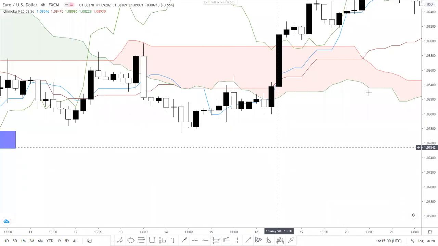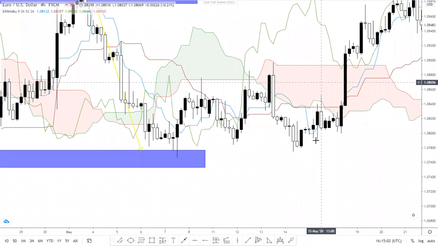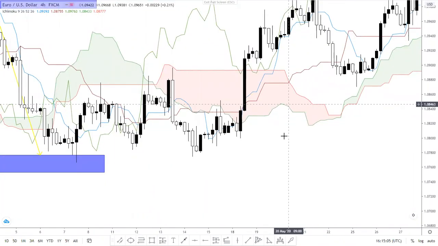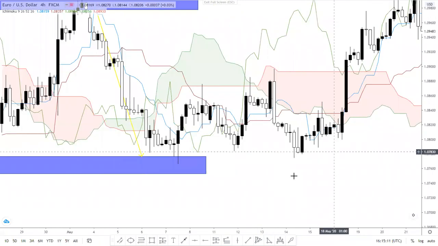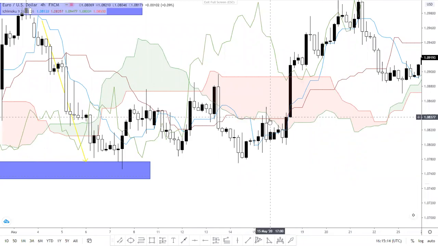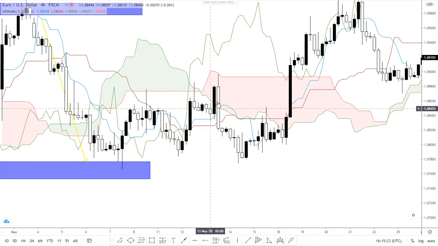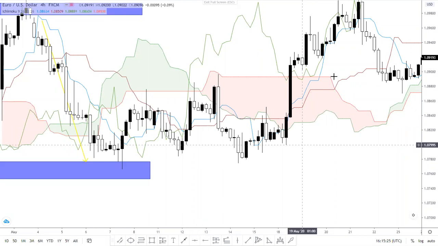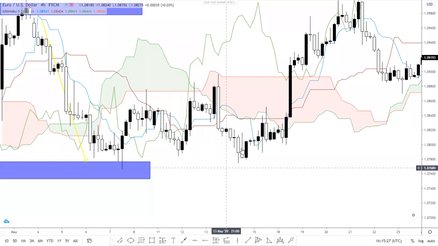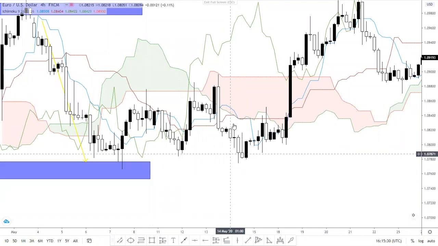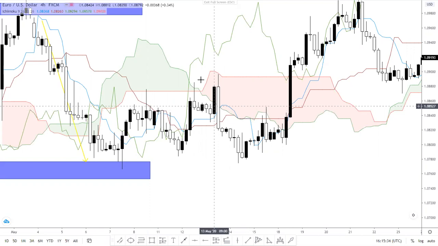According to your analysis, if you use different methods to analyze this particular market, you can include the Ichimoku cloud to further clarify. For example, let's say you are taking a sell position somewhere here. You have chart patterns in here, for example a double bottom pattern indicating a sell.